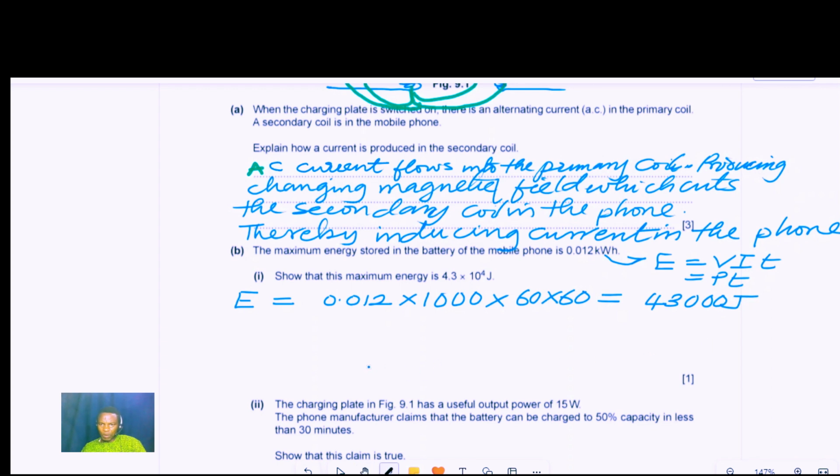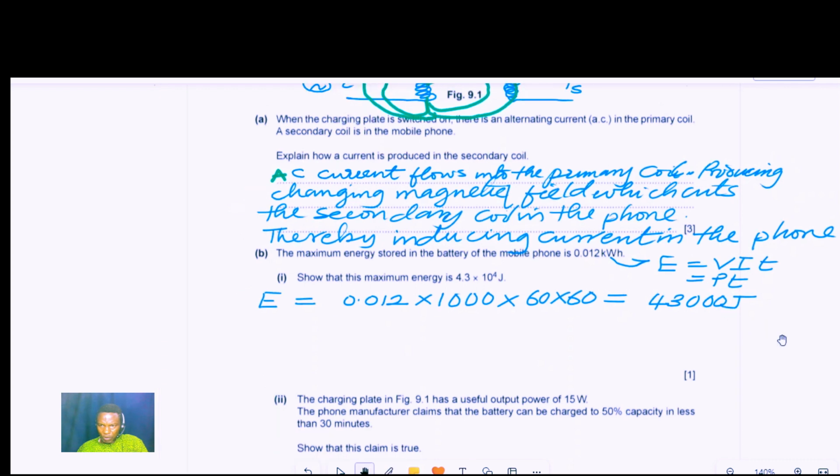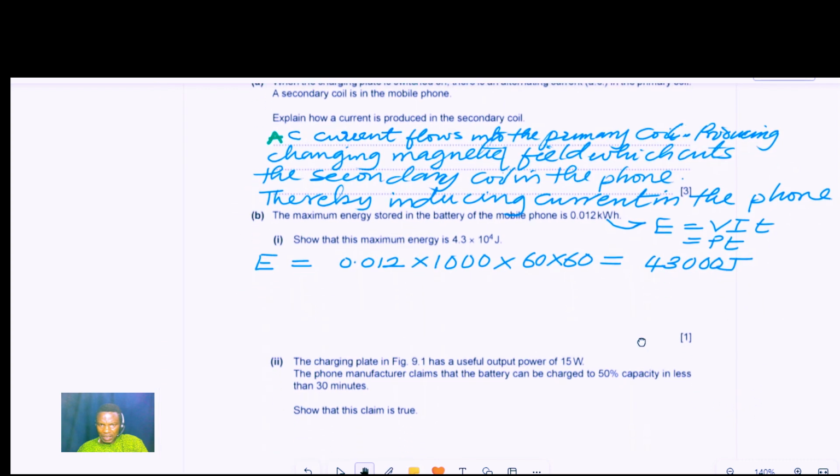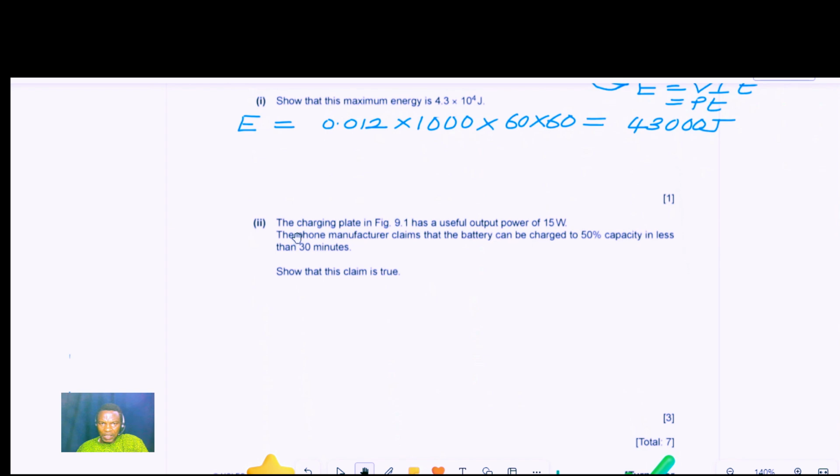So we finish that. The next one we need to look at is the charging plate in figure 9.1, which has a useful output power of 15 watts. The phone manufacturer claims that the battery can be charged to 50% capacity in less than 30 minutes.